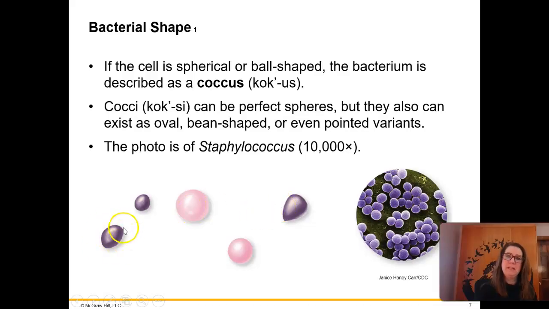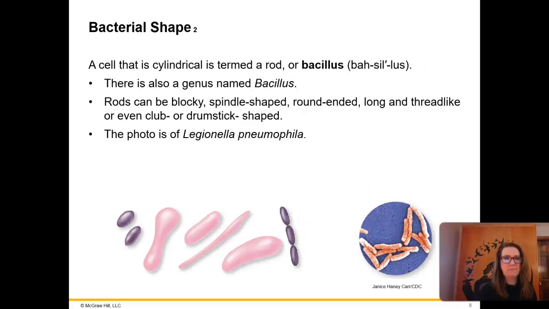They might be a little bit oblong, like the shape of a bean. So what we see in this photo is coccus cells, and they are together in a group that looks more like clusters. So we call that staphylococcus. Staphylo means clusters.